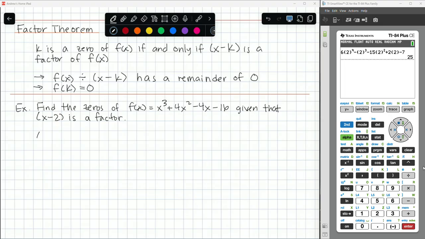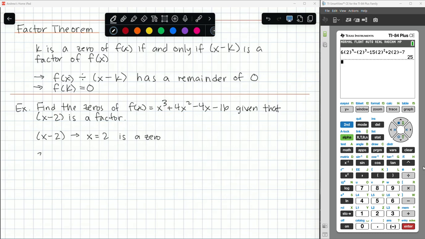So first, x minus 2 is a factor, tells me that x equals 2 is a zero. And when I perform division, I should get 0 as a remainder. So let's go ahead and do synthetic division to reduce this polynomial. Let's divide out that factor.